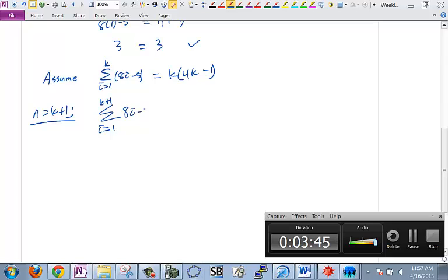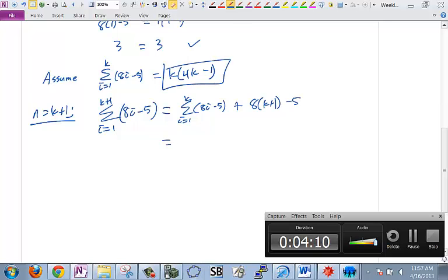So we start with the left side. The sum from 1 to k plus 1 of 8i minus 5. And then we're going to turn it into the right side, which hopefully is k plus 1 times 4(k plus 1) minus 1. So that becomes the sum from 1 to k of 8i minus 5, plus the (k plus 1)th term, which is 8(k plus 1) minus 5. So because of our assumption, this gets replaced with k(4k minus 1).